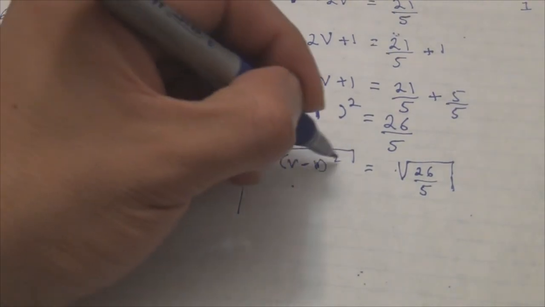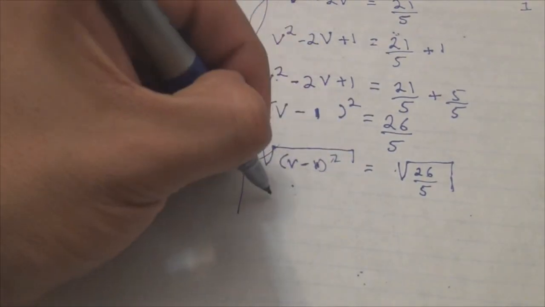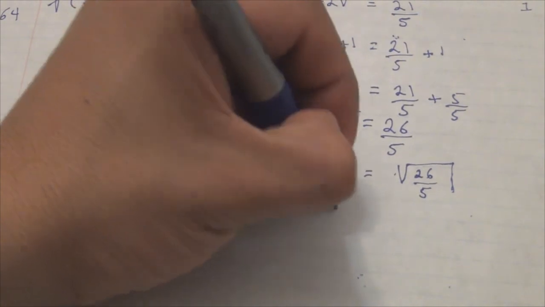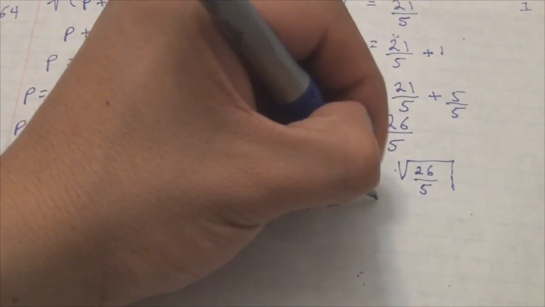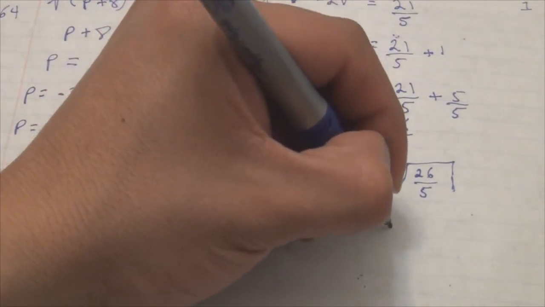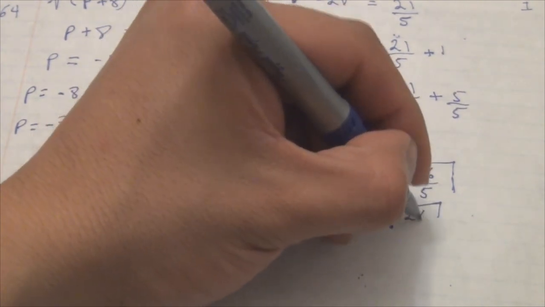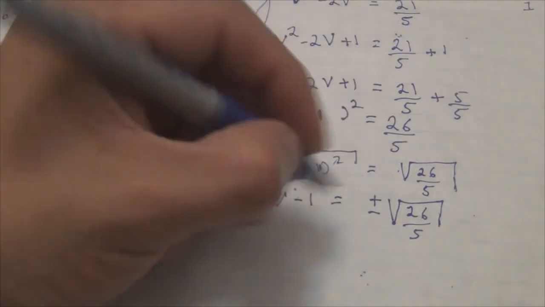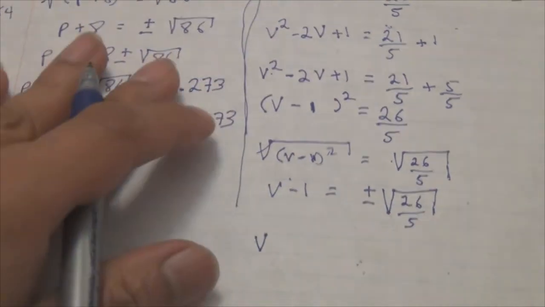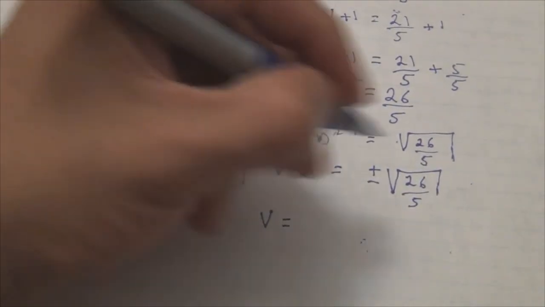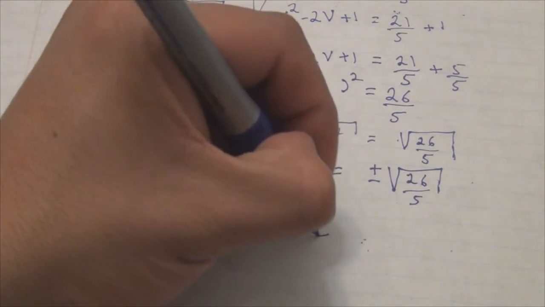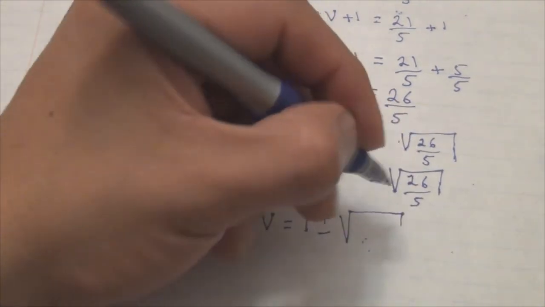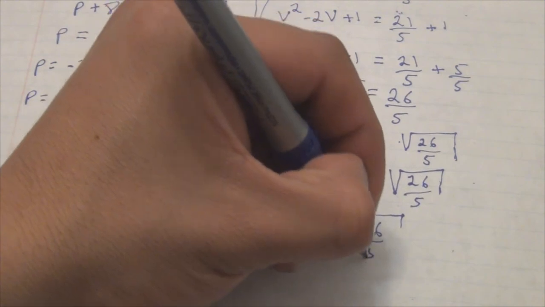Then when they take the square root, they cancel out. So that's v minus 1 equaling to, okay, plus or minus the square root of 26 over 5. Now you solve for v. So v is equal to 1 plus or minus the square root of 26 over 5.